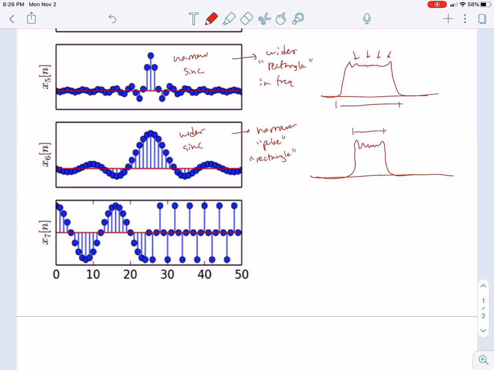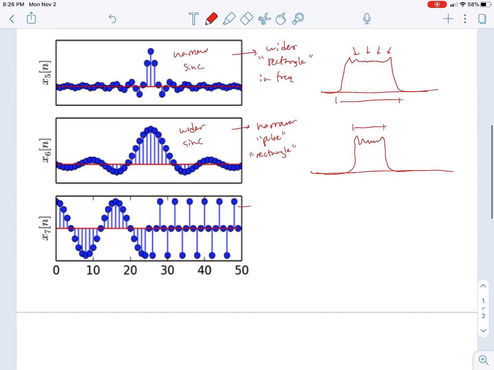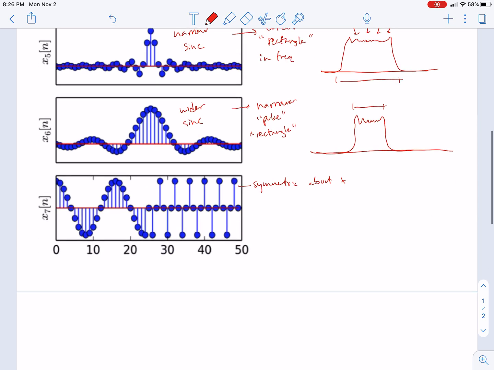It does look symmetric about the x-axis, so we can predict that in the spectrum plot, the magnitude at omega equals 0 is probably around 0, and that there are a lot of frequencies. The more complicated your time domain plot looks, the more frequencies there probably are in the frequency domain plot.